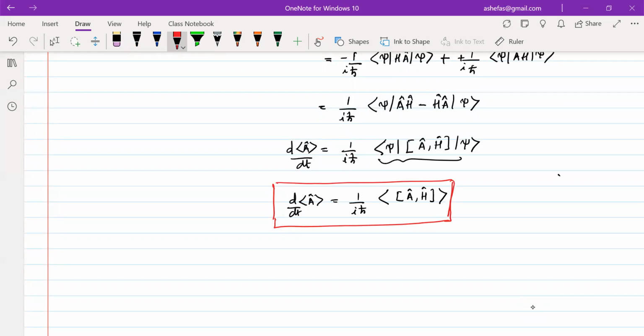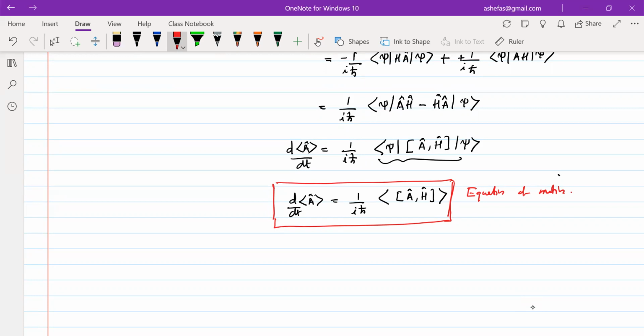This can be treated as the equation of motion in the Schrodinger picture. The time evolution of the expectation value of the operator has to satisfy this condition.